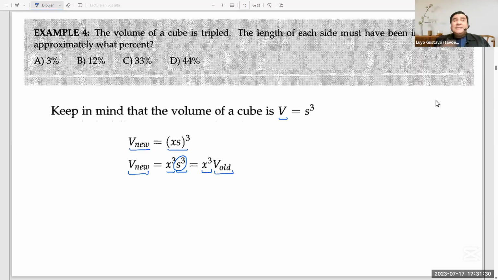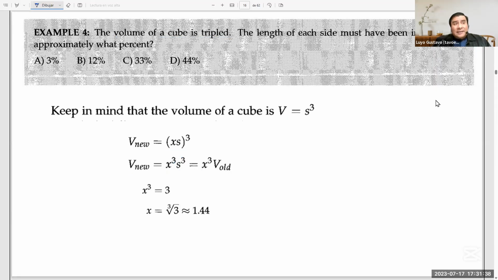Since the problem is saying that this volume is tripled, they are saying that this factor over here is actually 3, because the new volume will be 3 times the original volume of the cube.